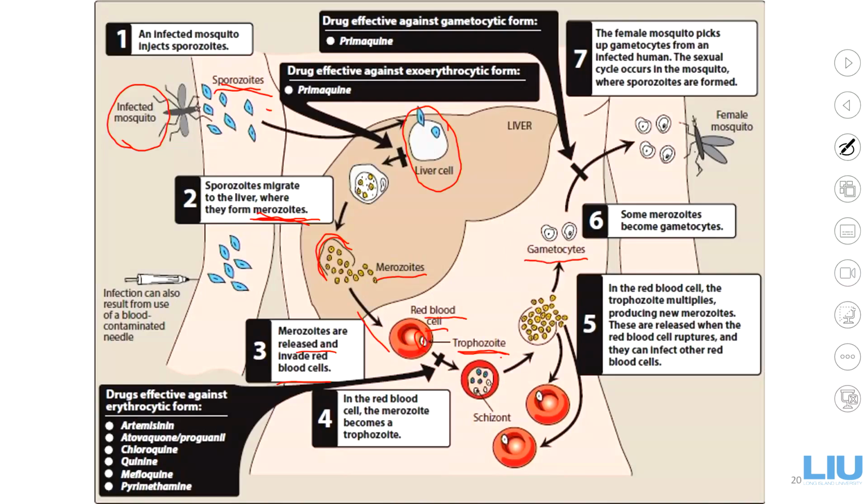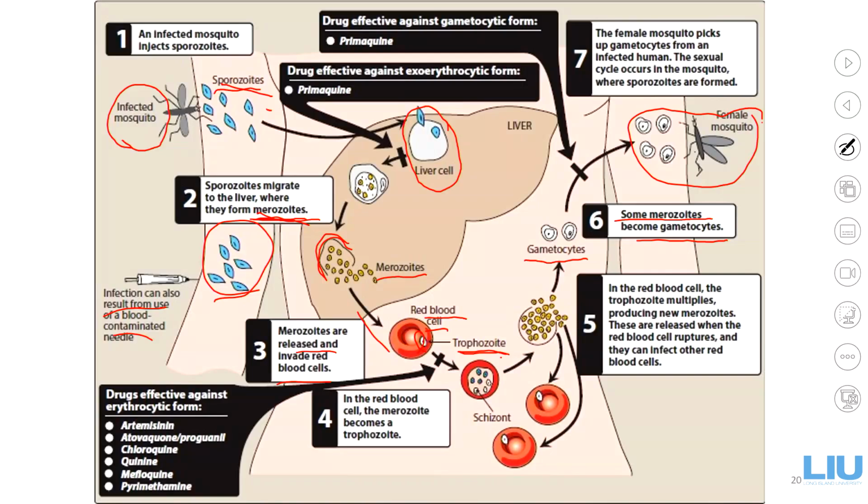The gametocytes will be taken up by the female mosquito, and inside the mosquito they are converted into sporozoites, and the life cycle continues. Of course, those sporozoites could also enter through infected needles.